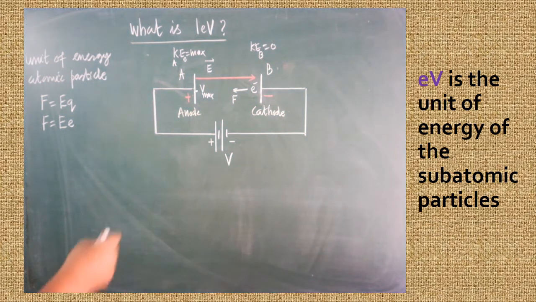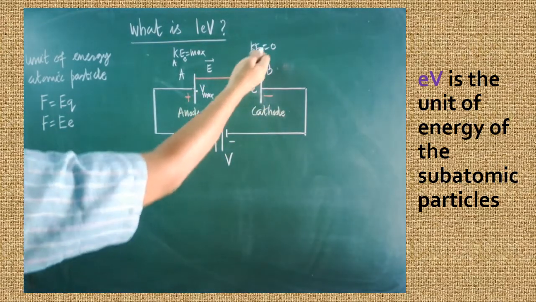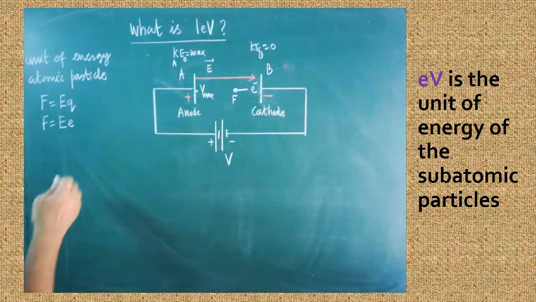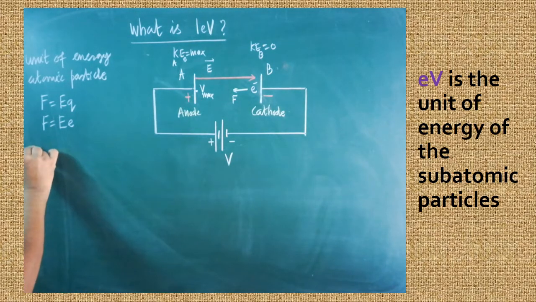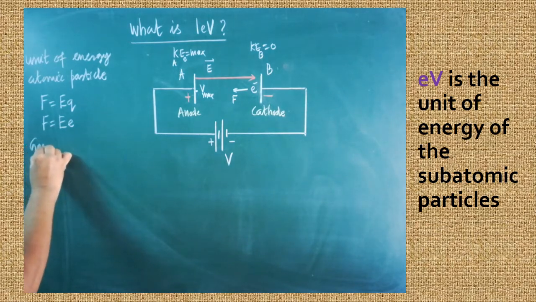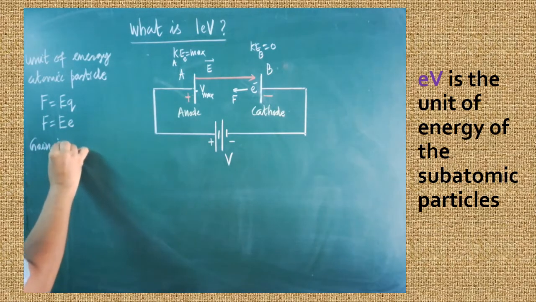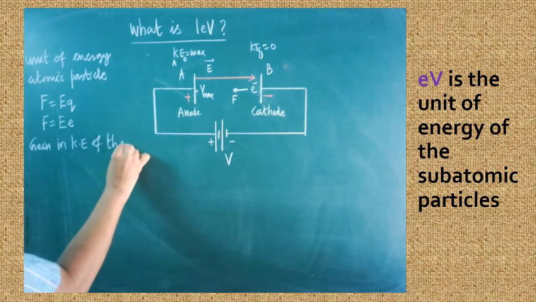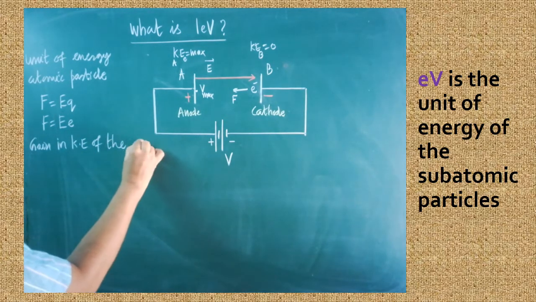Here, when it travels from here to there, initially kinetic energy is 0. Here the kinetic energy of the electron will be maximum. So there is a gain in the kinetic energy. Gain in kinetic energy of the electron is to be calculated.